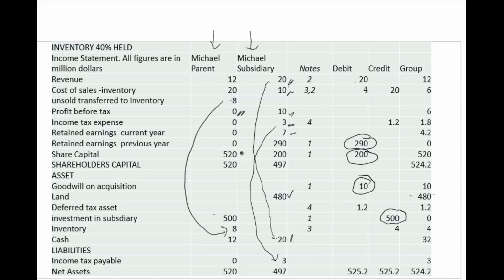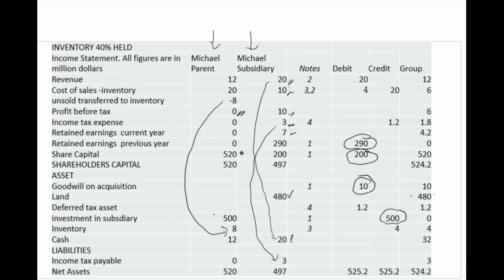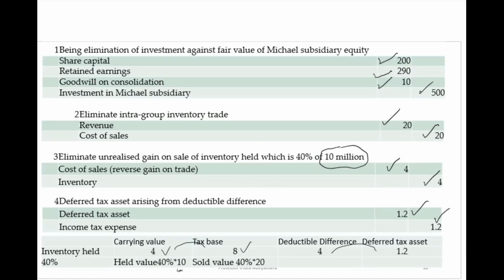Our second journal entry relates to eliminating the intragroup inventory trading transaction. We debit revenue of 20 million and we credit cost of sales of 20 million. Our third transaction is to eliminate unrealized gain on sale of inventory which has been held, and that's only 40%, and the total gain for 100% of inventory held is 10 million.